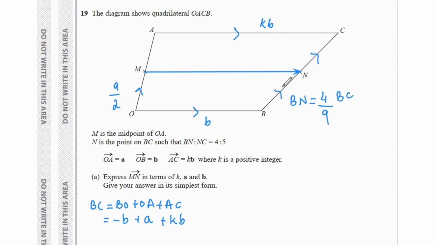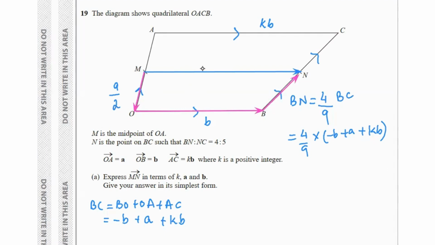That's going to be 4/9 times negative B plus A plus K times B. To find MN, I'm going to use MO plus OB plus BN.